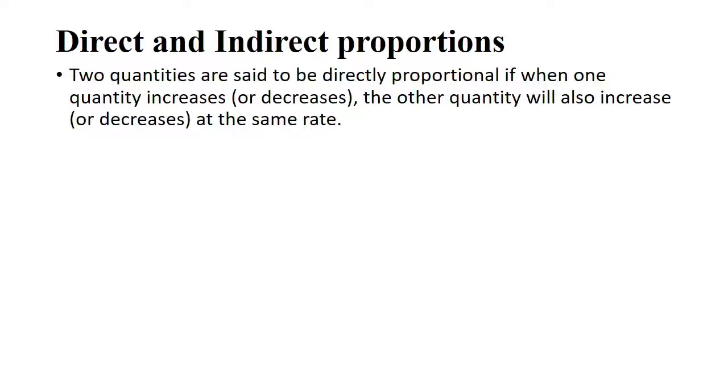We say two quantities are directly proportional to each other if when one quantity increases or decreases, the other quantity will also increase or decrease at the same rate. What does this mean? This means that if one quantity increases, the other one will increase as well at the same rate. And if one decreases, the other one will also decrease at the same rate. So they are either both increasing at the same rate or they are decreasing at the same rate.